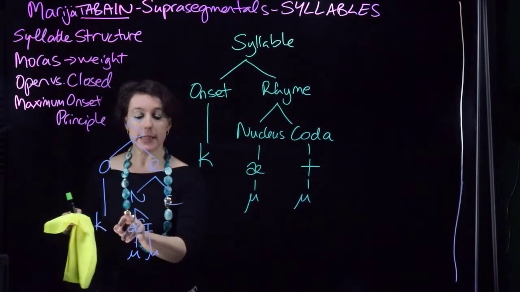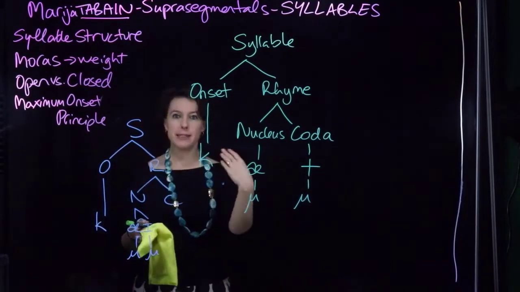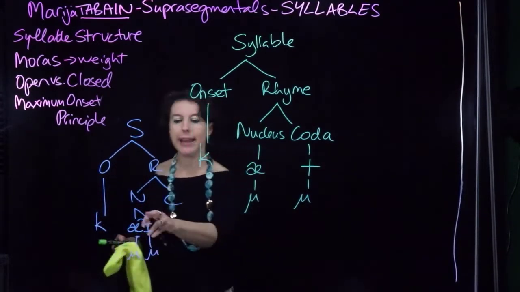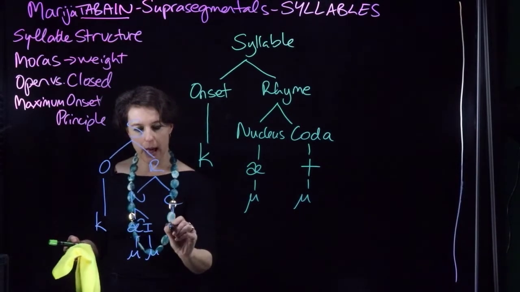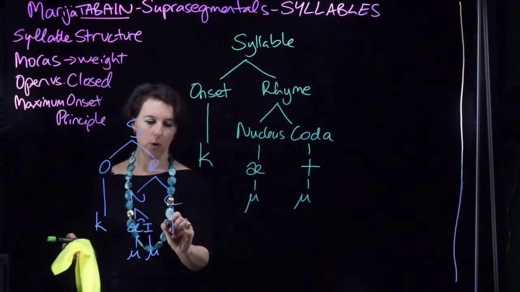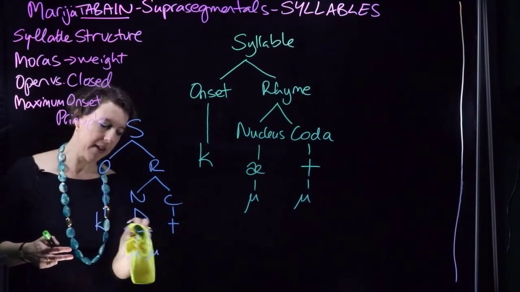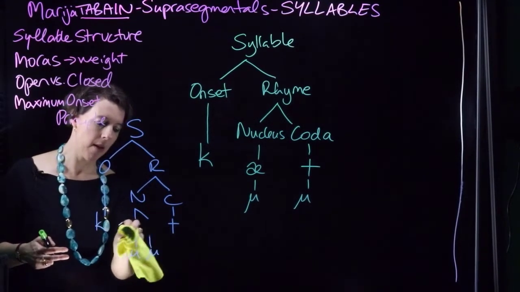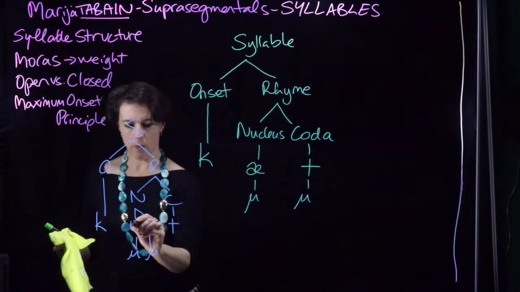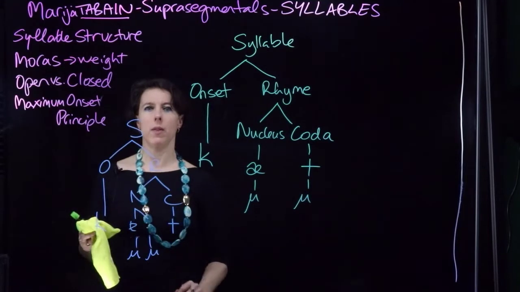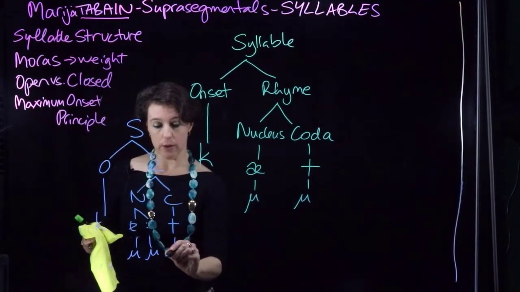So it's still the vowel that's going into the nucleus. But because it's a long vowel, and a diphthong is a long vowel, it gets 2 slots and it counts as 2 moras. If we'd gone back to our example of cart before, there we go, that would be suddenly 3 moras.